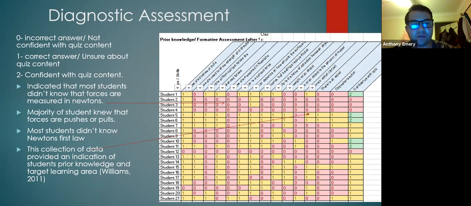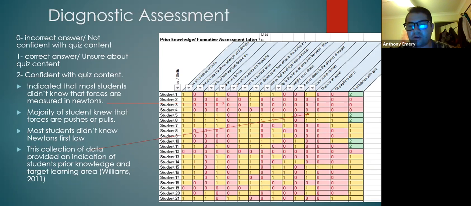This indicated here, as you can see, the red arrow indicating that no students knew what newtons were, so they didn't understand that newtons was the measurement used to measure a force. But prior knowledge also indicated that most students knew that pushes or pulls was a form of a force. And students also didn't know Newton's first law, so they didn't have much knowledge of that.